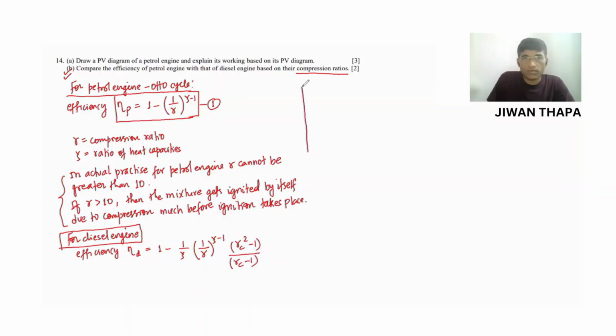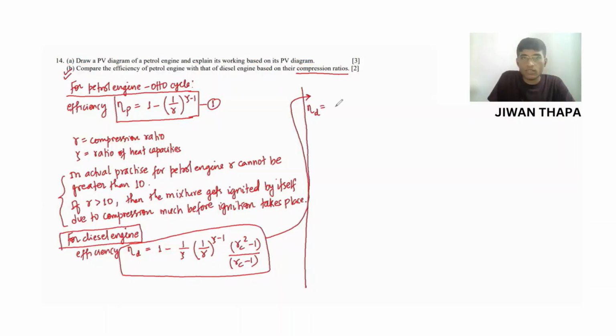So I'm rewriting this equation in this way. Efficiency of diesel engine equals 1 minus 1 by r whole power gamma minus 1.